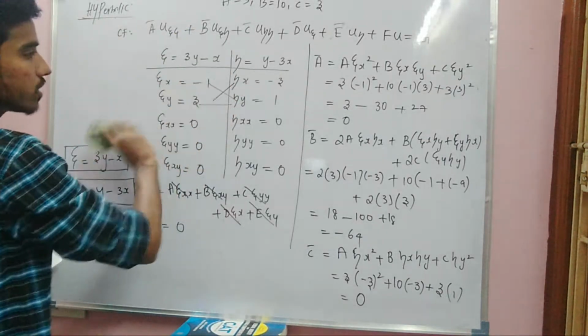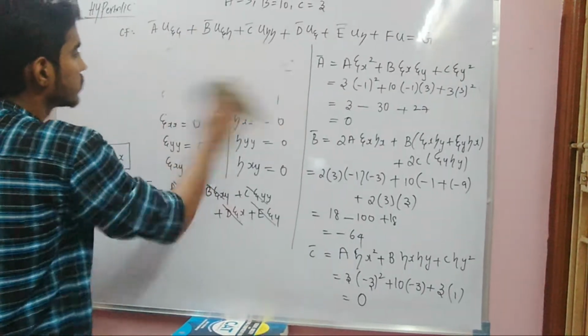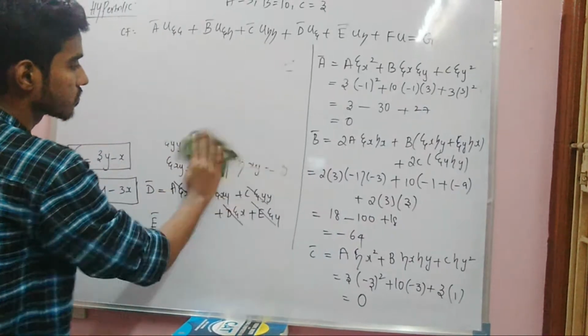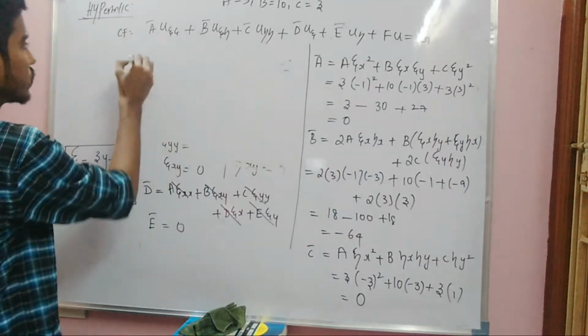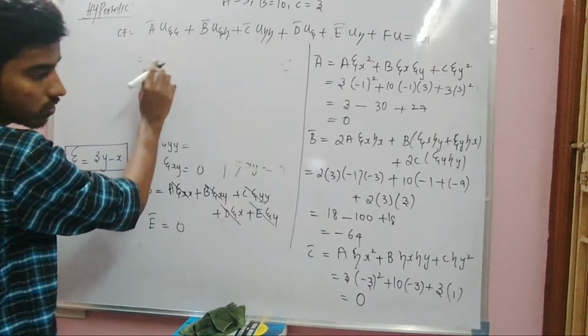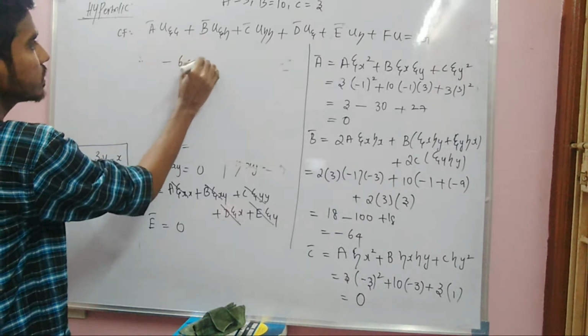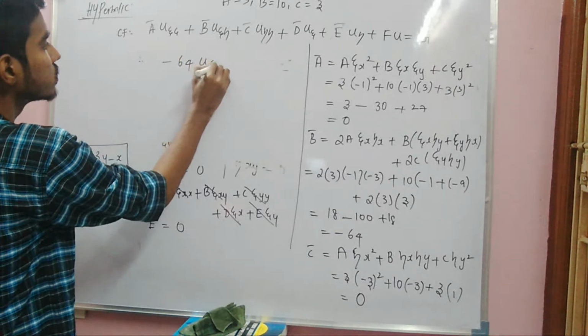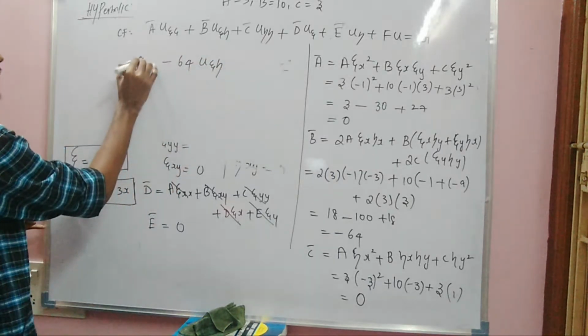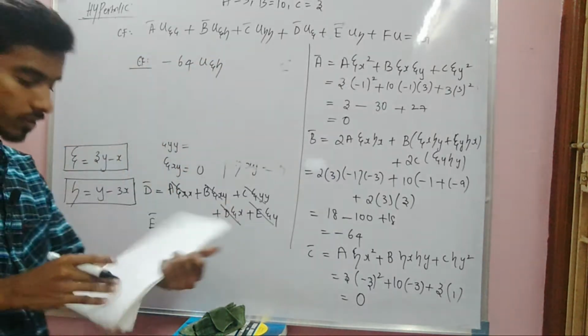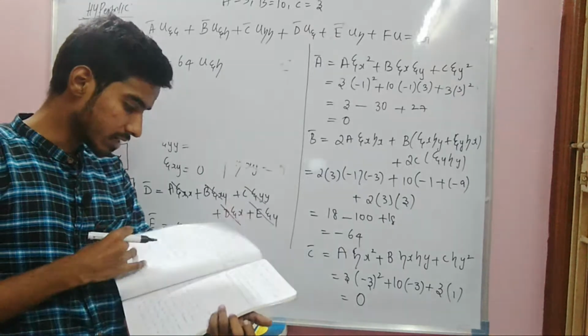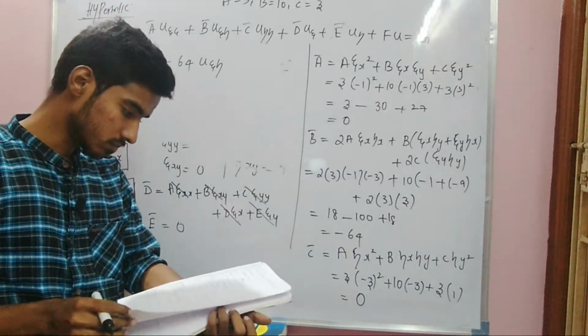So therefore I can erase this off. If I substitute b bar is equal to minus 64, then minus 64 u theta eta is the canonical form for this second order PDE. That's it, right? So we move on to the next problem.